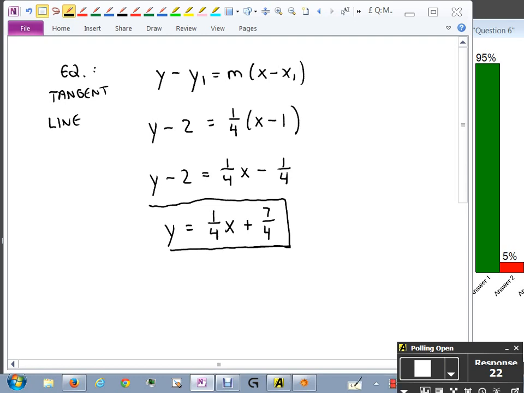We should be able to add fractions. So adding 2 to both sides. Any questions? Yes? No? Sure? Okay.